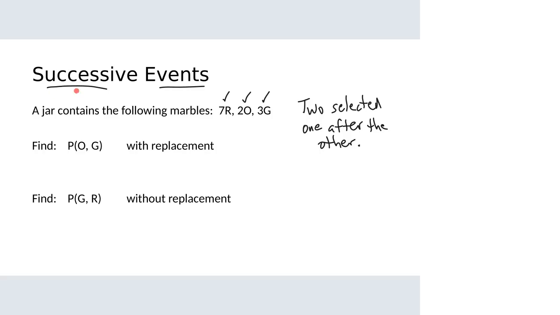Now, when I have successive events, this is very similar to the fundamental principle of counting. We're going to find the probability of each event and then multiply those probabilities together. So what I want to find is the probability of getting an orange marble and the probability of getting a green marble, and then multiply those together. On that first draw, the probability of getting an orange marble is successes over outcomes.